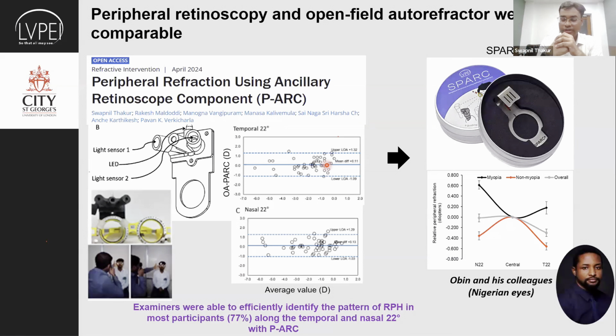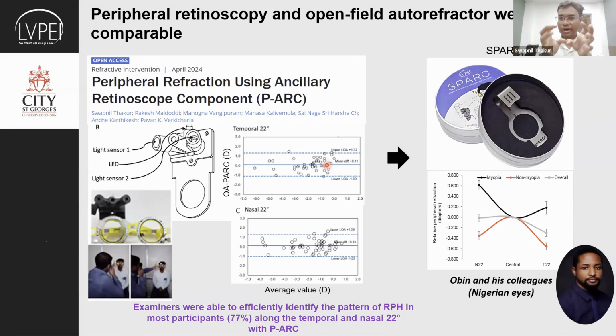One interesting finding from our study was that the examiners were able to identify relative peripheral hyperopia in 77% of the total participants along the nasal and temporal meridians, which is a good percentage.